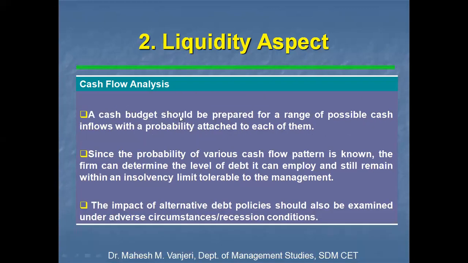A cash budget should be prepared for a range of possible cash inflows with a probability attached to each of them. Since the probability of various cash flow patterns is known, since we estimated, as I told you, the cash inflows for different types of investment proposals, single proposal, mutually exclusive, and replacement project, the firm can determine the level of debt it can employ and still remain within an insolvency limit tolerable to the management.